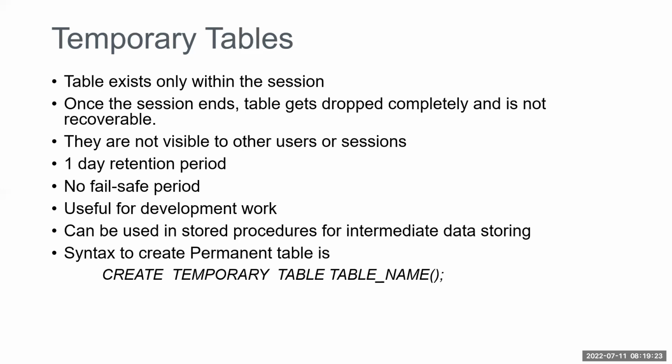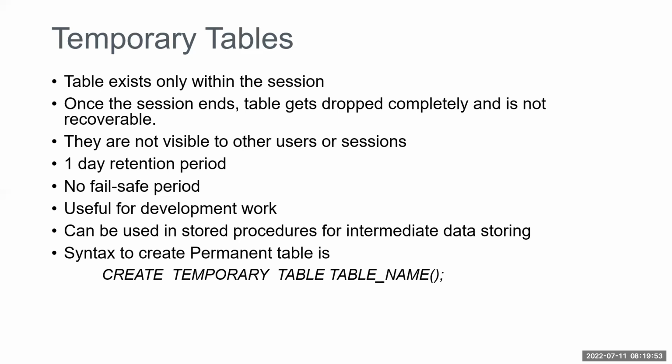Whenever we are creating stored procedures, we use some tables for intermediate data processing, right? Suppose I have a stored procedure with 1,000 lines of SQL code. In between, I have to do many operations and many transformations. During that process, I need to store some part of the data in a table temporarily.